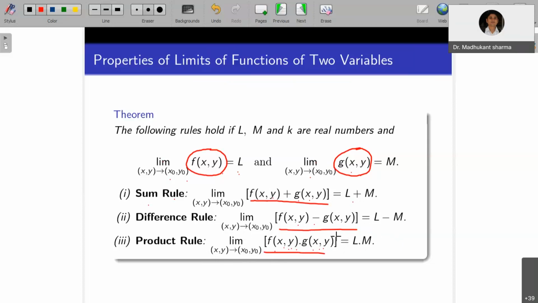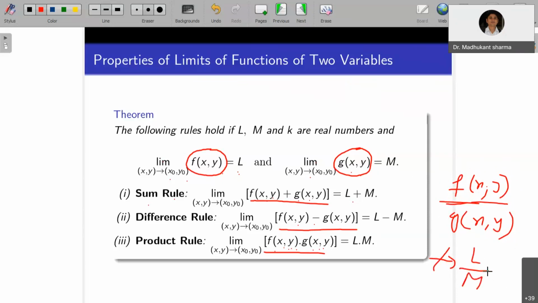Now similarly you can identify the quotient rule. Quotient rule means you have f by g, a rational type of function. Suppose you know the limit of f exists and equals L, and the limit of g exists and equals M. I can't straightforwardly say that the limit of this rational function is L by M. I can't say that always.